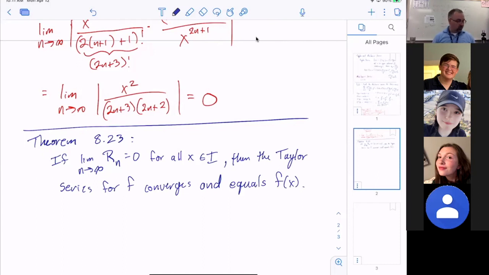In other words, f of x is truly equal to the sum from 0 to infinity of our nth derivative at c. And so that's the trick: establishing not only convergence, but convergence to the function that we want it to converge to.